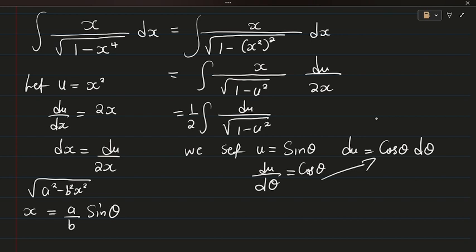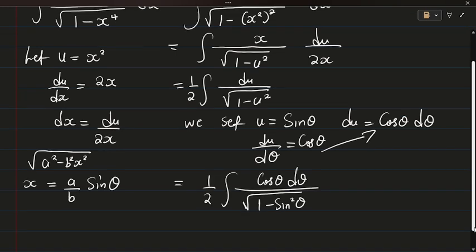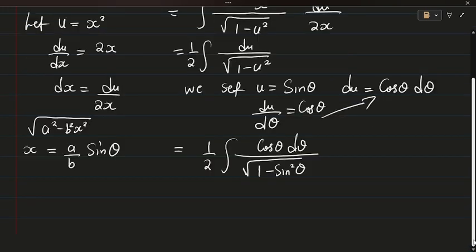We're going to have 1 over 2 integral of, remember du, we said it's cos theta d theta, all divided by square root of 1 minus sine squared theta. So right now, we are going to have 1 over 2, then integral of cos theta divided by the square root of cos squared theta d theta.